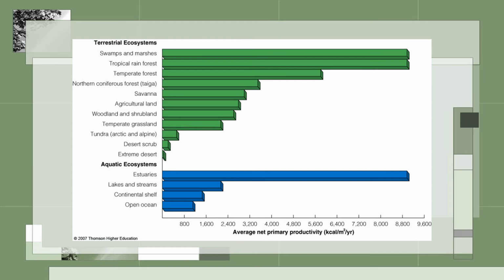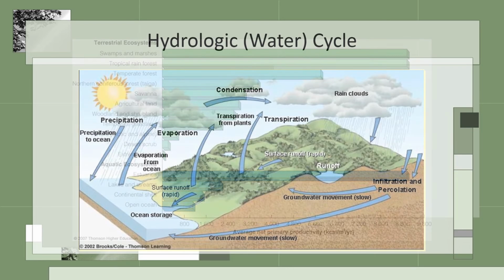Basically it's how fast producers can provide food needed by consumers. You'll see here that in the terrestrial ecosystems, the swamps and marshes and the tropical rainforests are highest in net primary productivity. And in the aquatic ecosystems, it's actually the estuaries that are the highest producers of energy.